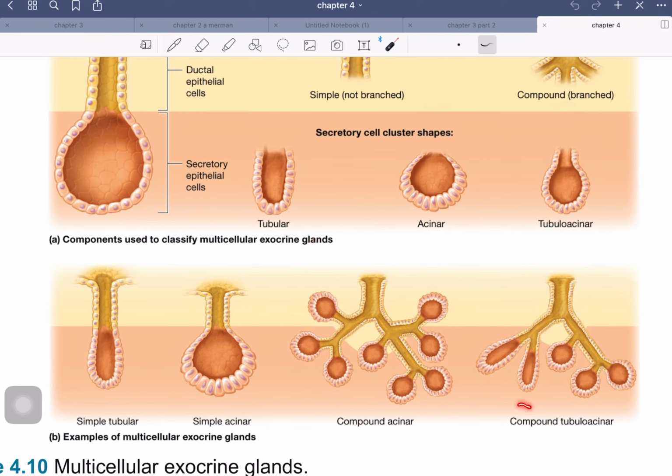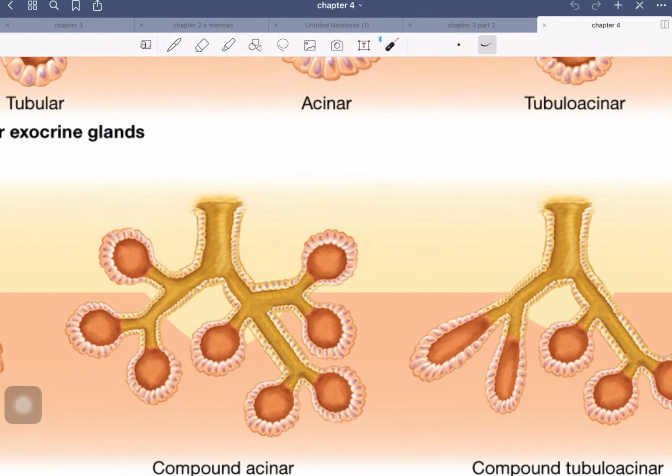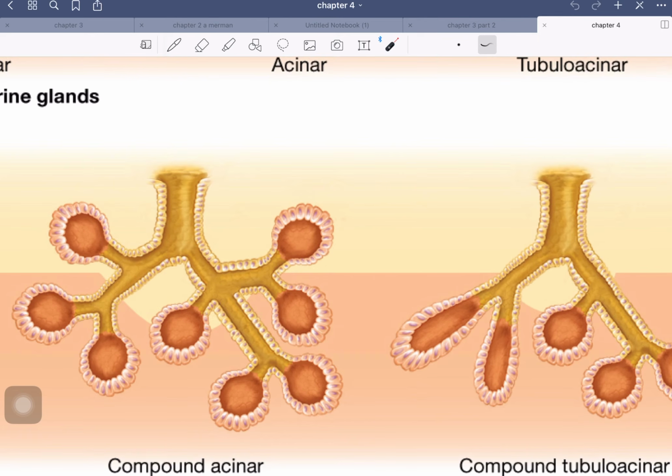And then I have a compound tubulo-acinar, because let's zoom in a little bit more on this one. You can see that definitely this part looks very much like the acinar shape we're talking about, that rounded shape. But part of the tube structure, not all, but part of it, are still cells that are making the product.